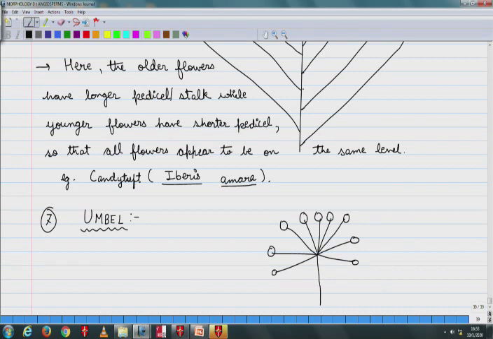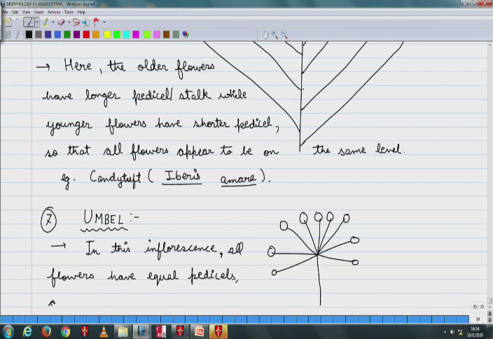All the flowers have equal length of pedicel. You can see here, in this inflorescence, all flowers have equal pedicels, giving an umbrella-like shape.